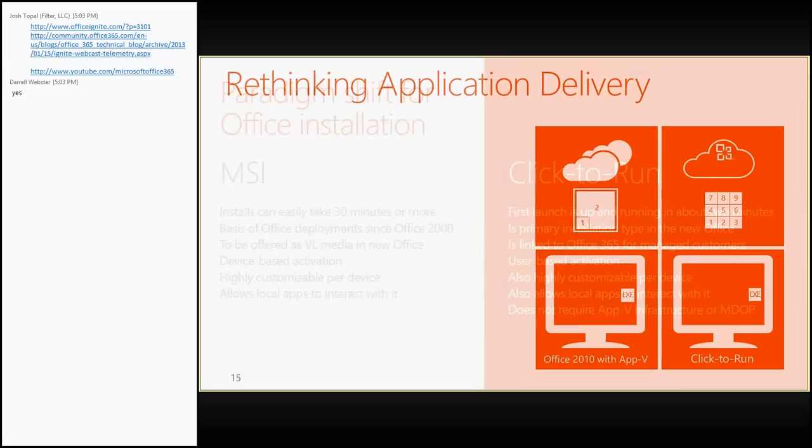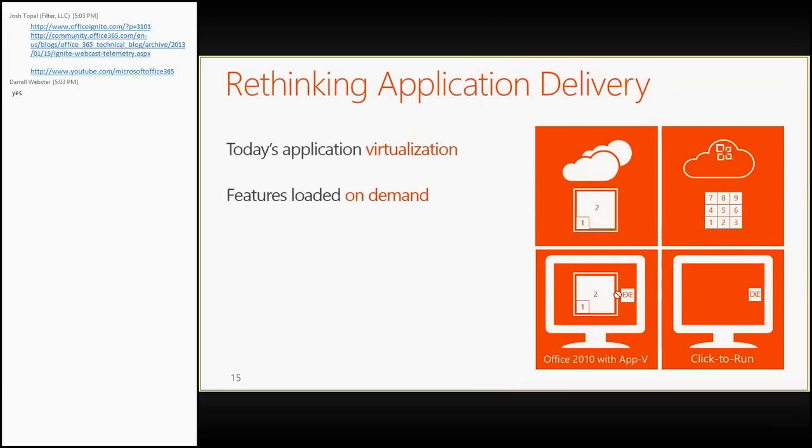Now we have made that much more componentized, and that has helped streamline being up and running very quickly with your click-to-run install experience. Features are loaded on demand, and of course, you have local application integration. So if you have that exe that wants to talk to a specific component, that happens.